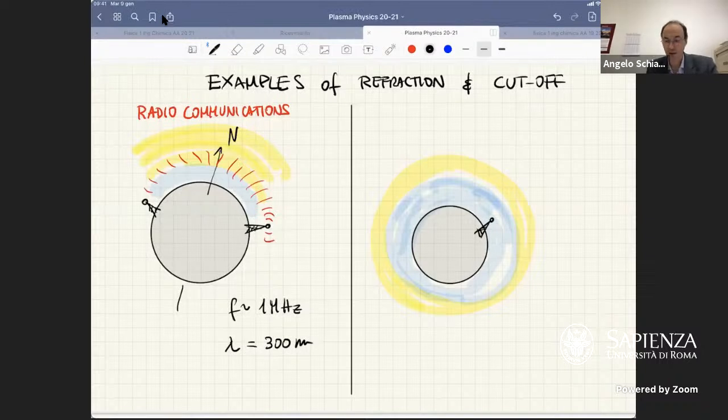So we have the antenna on Earth, and we have the re-entry vehicle, for instance, for the Apollo mission. We had the re-entry vehicle, which is facing with the heat shield the direction of motion, and is coming back to the Earth.